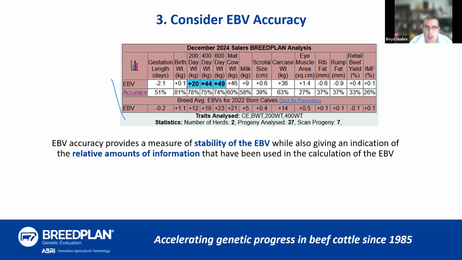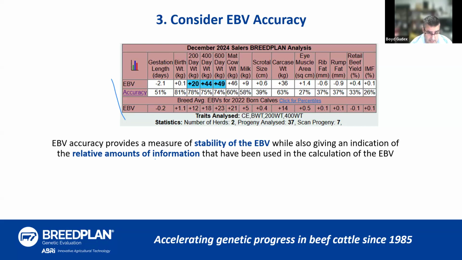So if we were to allocate an EBV accuracy just to looking at a scrotal size of 38 centimeters, that might be way too big under your conditions. Its accuracy would certainly be below 35%, most likely for scrotal.